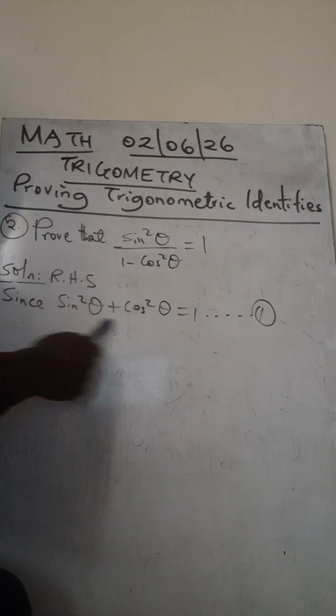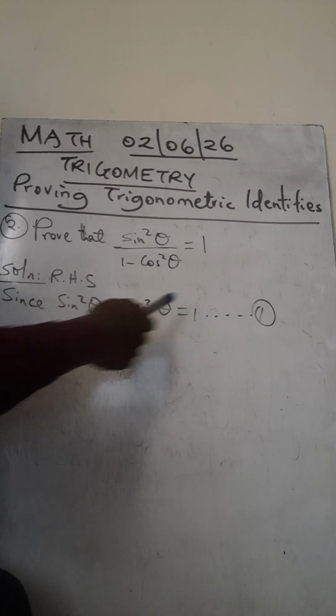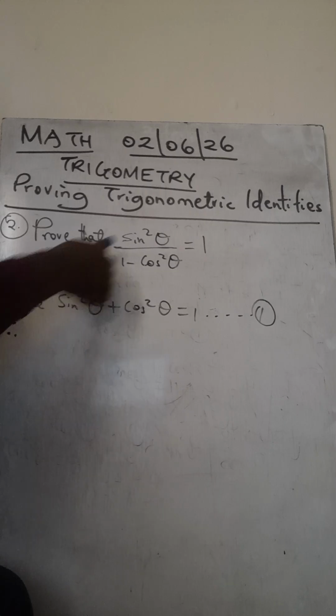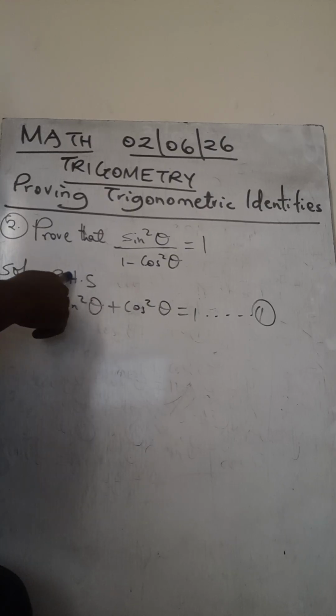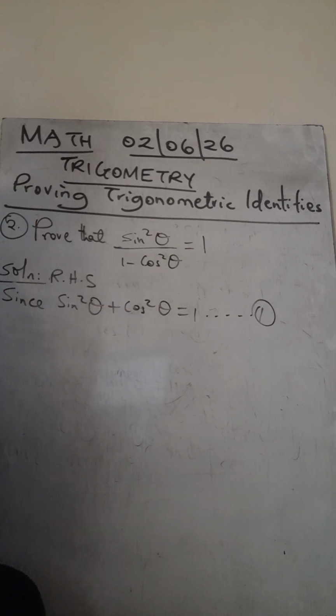The whole of this thing represents 1. So it means sine squared of theta over, okay, we are still looking at the right hand side. Let me not include this one first of all.